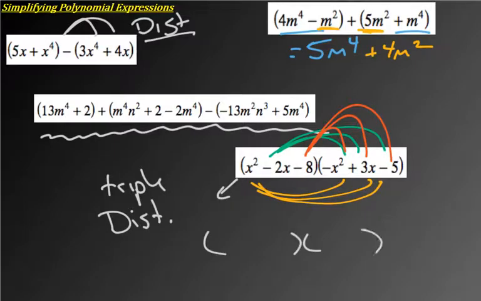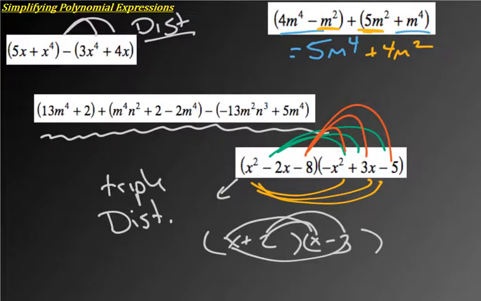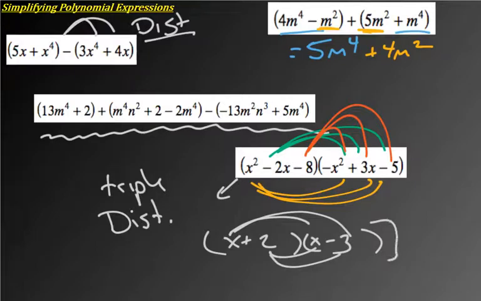I hope you don't really know what foil even is. Foil is short for first, nope, I just messed it up. I don't even use it. First, outside, inside, last is what foil stands for. But really, you should just teach double distribution. So distribute once, distribute twice. And that would give you the simplification of this quadratic here.